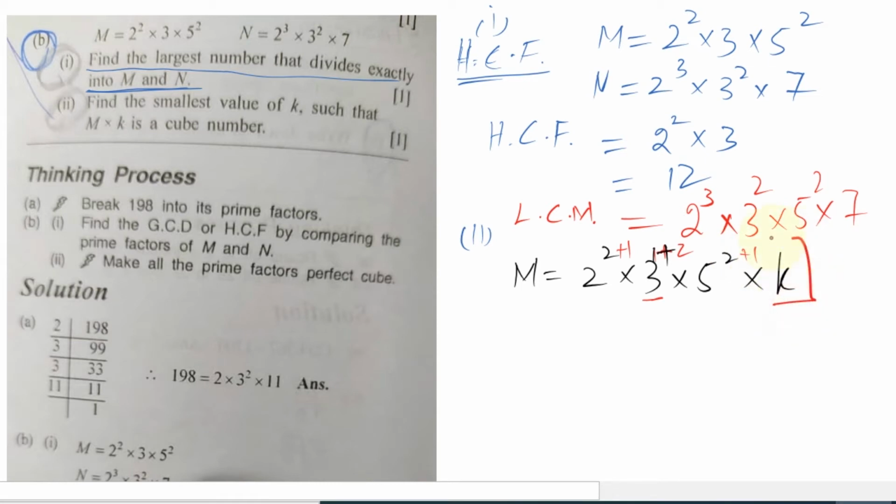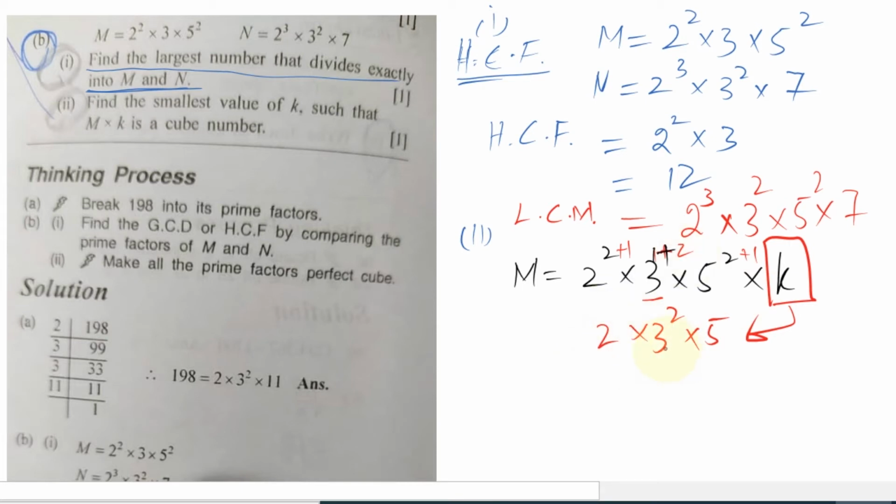If we multiply this expression by 5, 5 cube will be there. If we multiply by 3 square, 3 will have the power 3. And same is the case for 2. If another 2 is multiplied here, then we will have 2 cube.